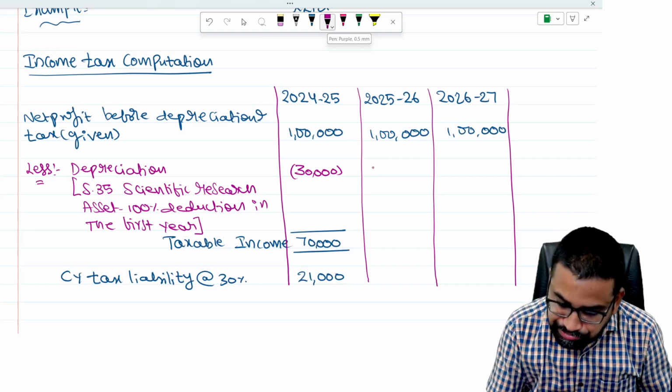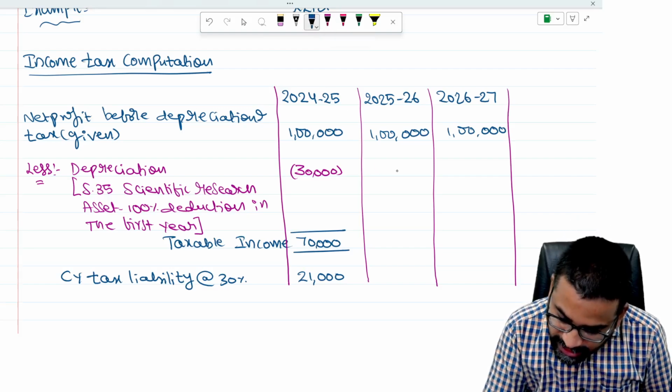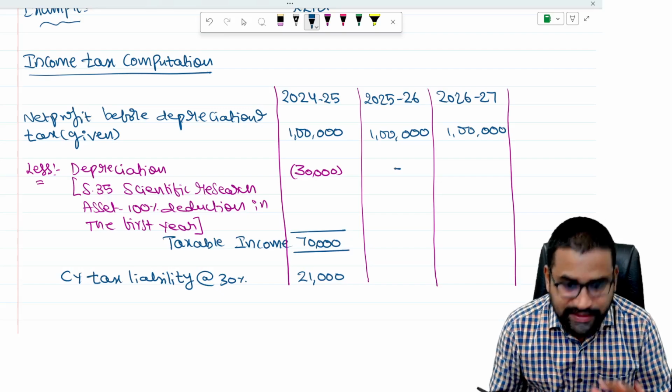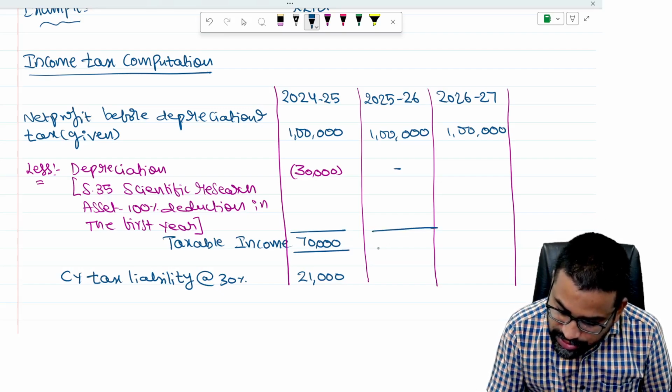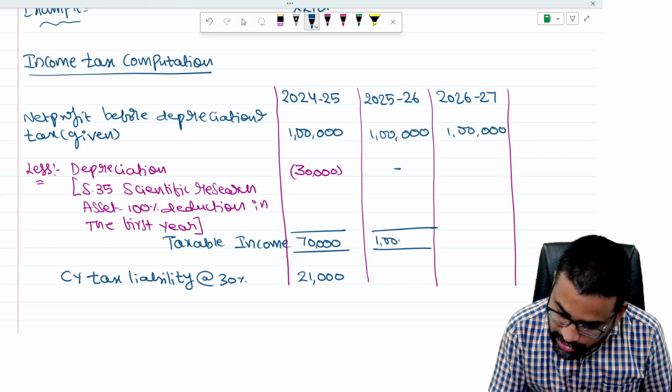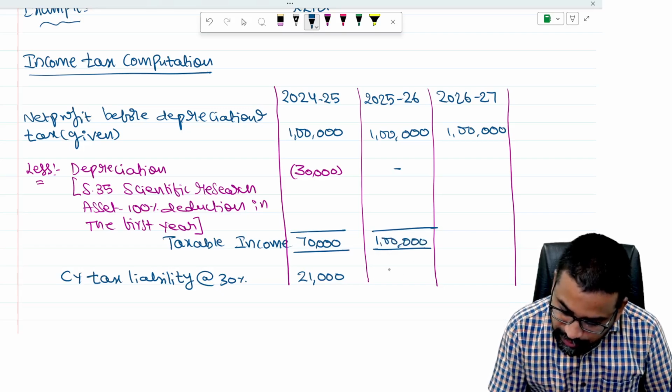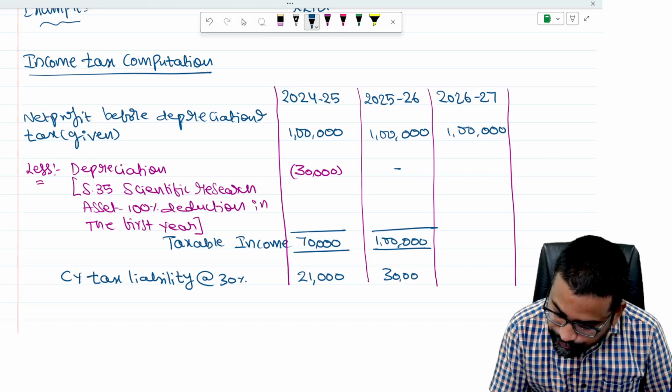Can you tell me what happens in the second year? In the second year, will there be any depreciation? No. In the first year itself, entire depreciation is given. So in the second year my taxable income, suppose 1 lakh. On that 30%, that means 30,000.